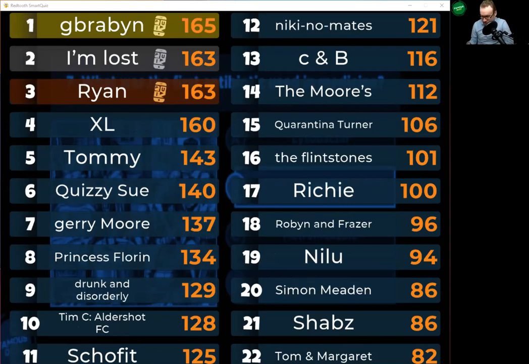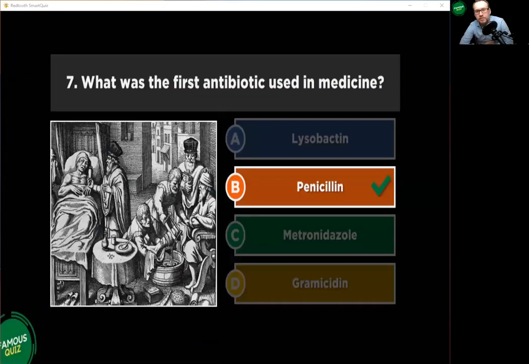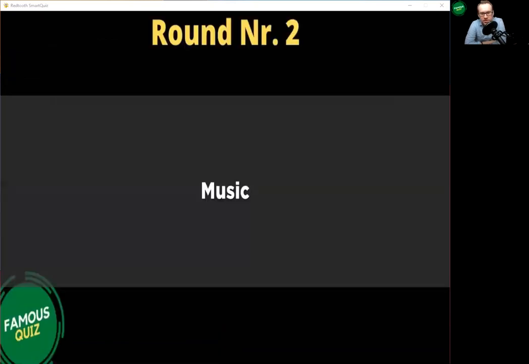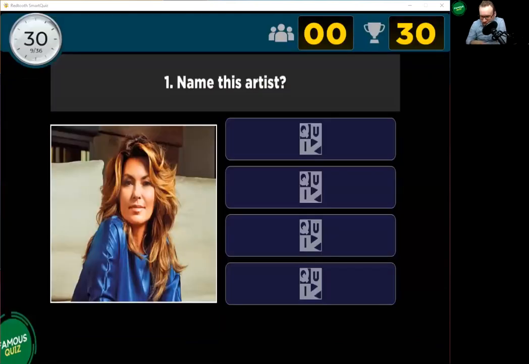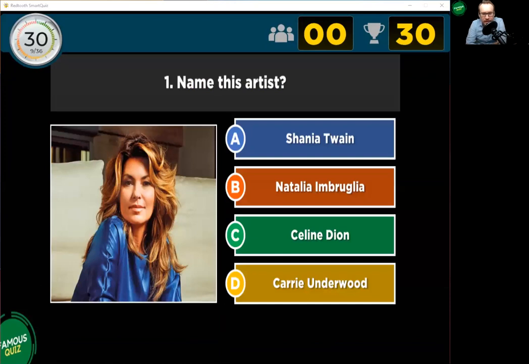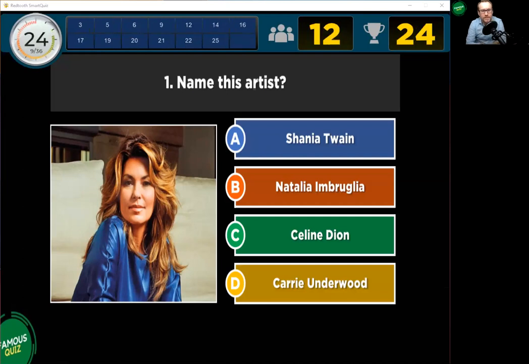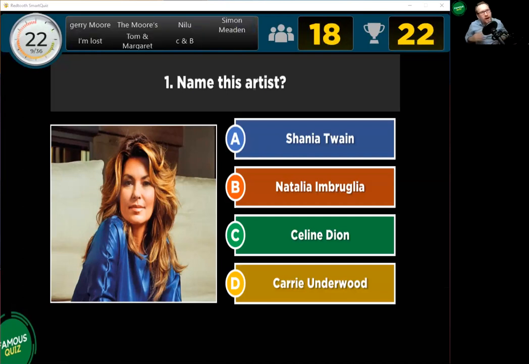All right. Let's get to the second round, and the second round will be the music round. Interesting questions about music. So let's start with the first question. Question number 1. Name this artist. Shania Twain, Natalie Imbruglia, Celine Dion, or Carrie Underwood. American country pop artist, I would say.